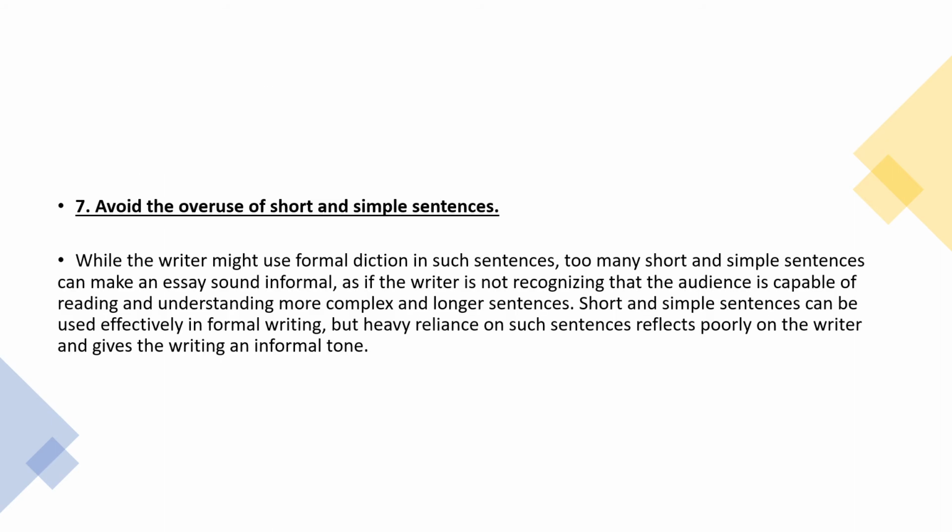So, the second last rule of formal writing is avoid the overuse of short and simple sentences. While the writer might use formal diction in such sentences, too many short and simple sentences can make an essay sound informal, as if the writer is not recognizing that the audience is capable of reading and understanding more complex and longer sentences.